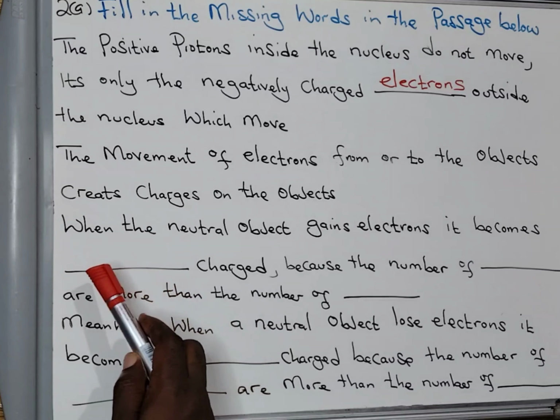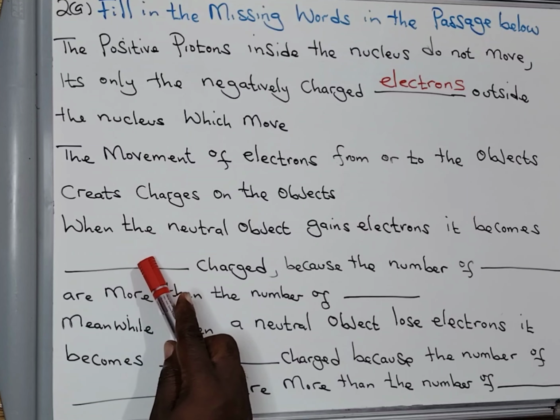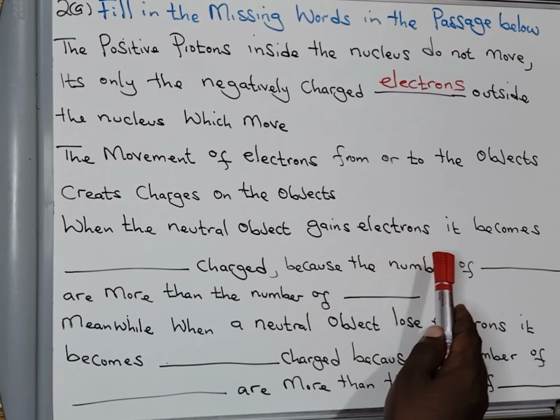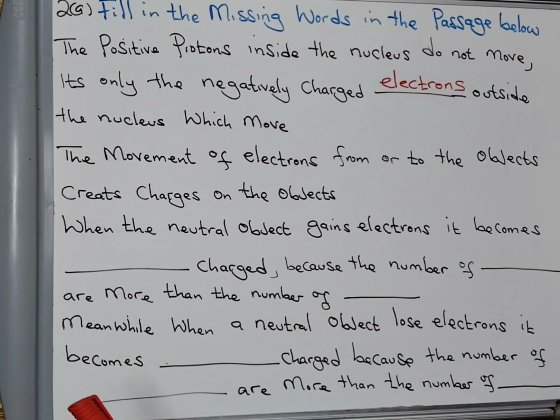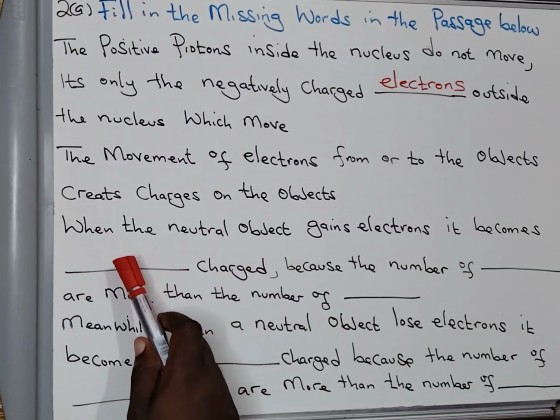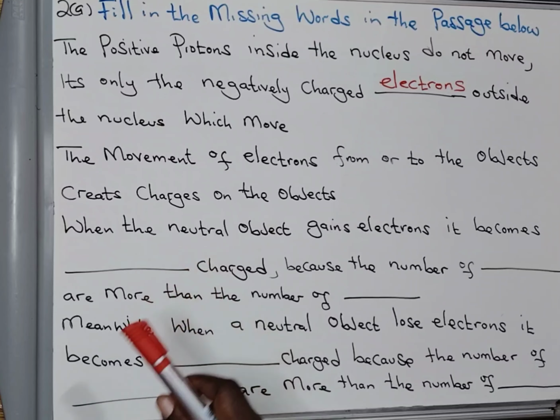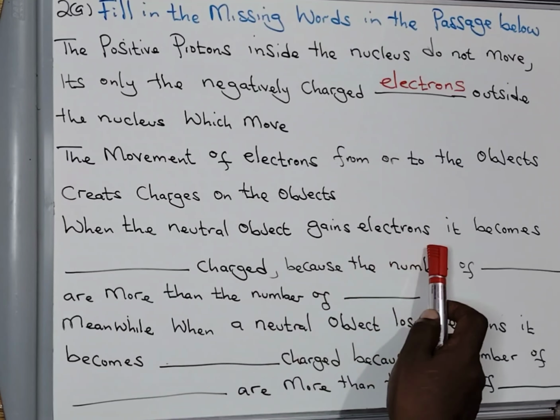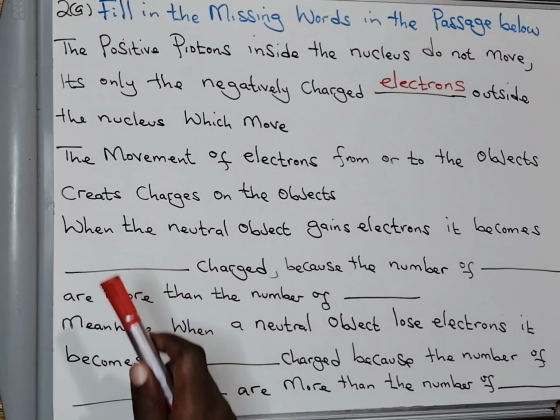Okay, let's look at here. When a neutral object gains electrons, it becomes charged. When you have an object which is neutral, neutral implies that the number of protons and electrons are equal inside the atom. So if you gain electrons, what charge do you get?